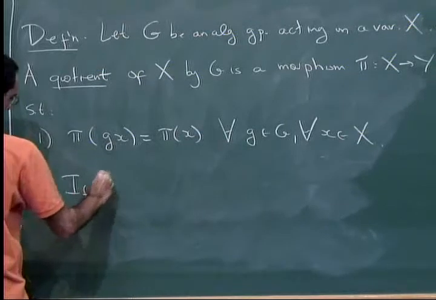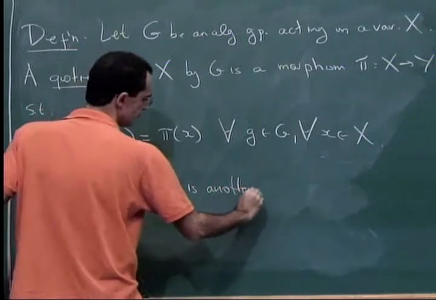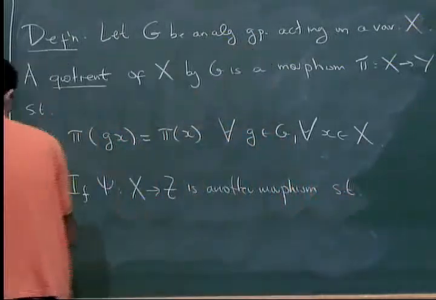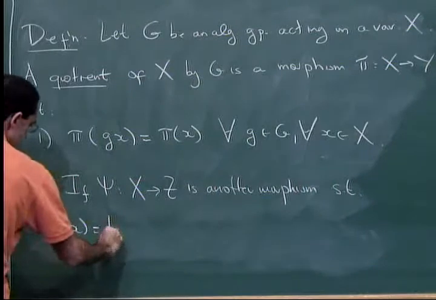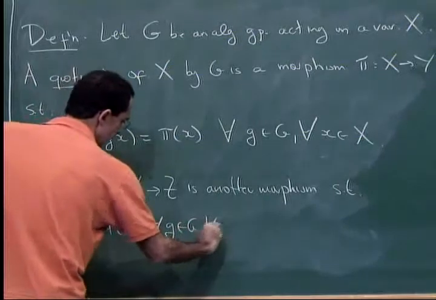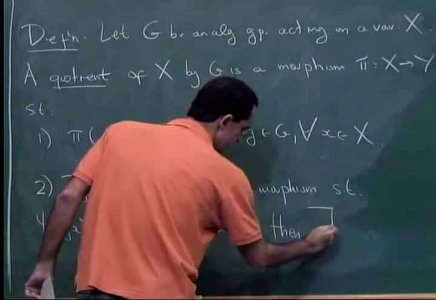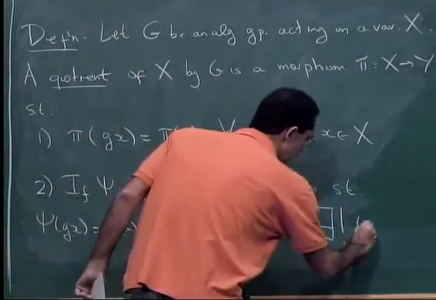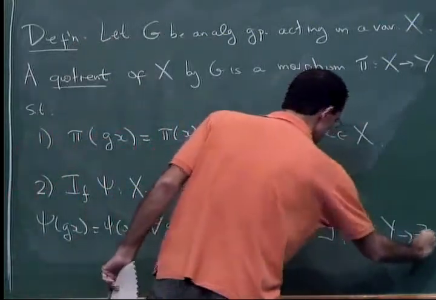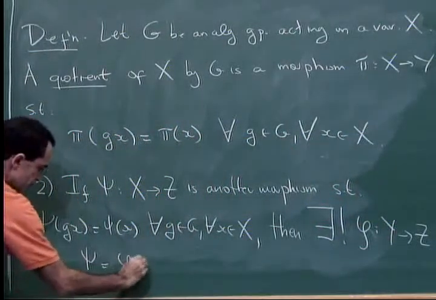So if there is another morphism psi from X to Z with the same property, such that psi of G X is equal to psi of X for all G in G and X in X, then there must exist and be unique a morphism phi from Y to Z, such that psi is the composition.